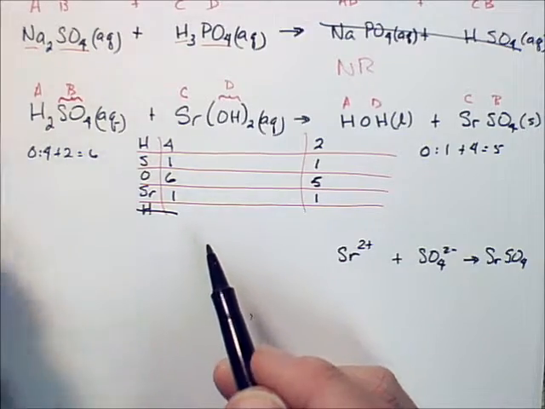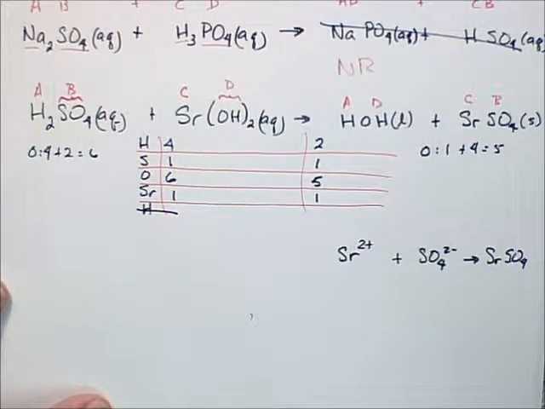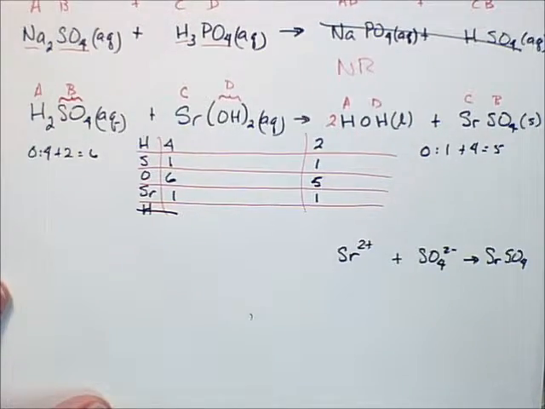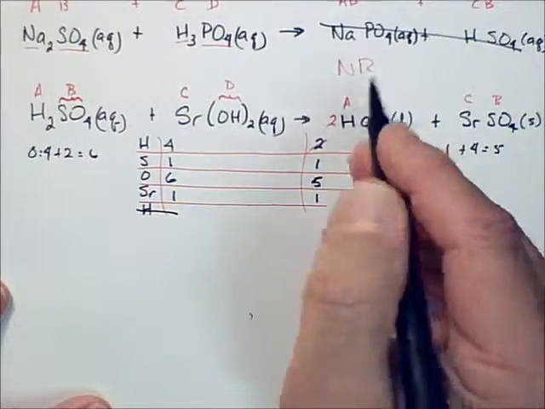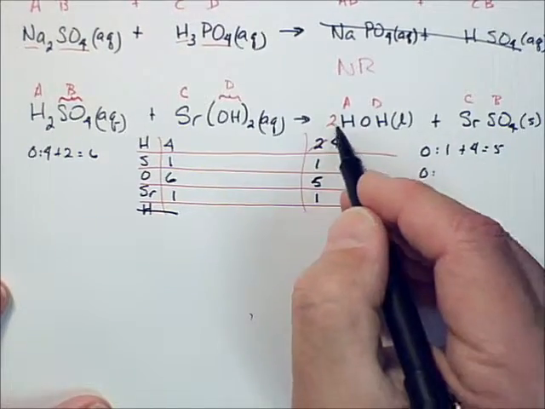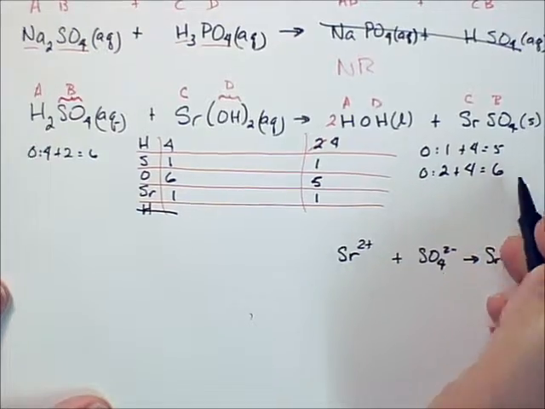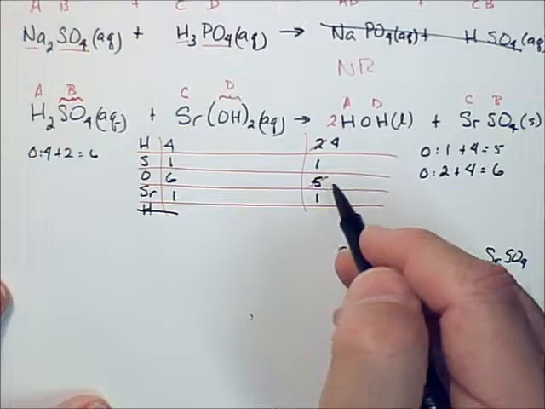So we must start with hydrogen in this case because it's next to last, and it's only hydrogen and oxygen that are not balanced. So to get 4 hydrogens on the right side, I'll put a coefficient 2 here. That's going to change the number of hydrogens to 4. 2 times 2 is 4. It also changes the number of oxygens. I've got 2 oxygens here, plus 4. We now have 6 oxygens, and the equation is balanced.